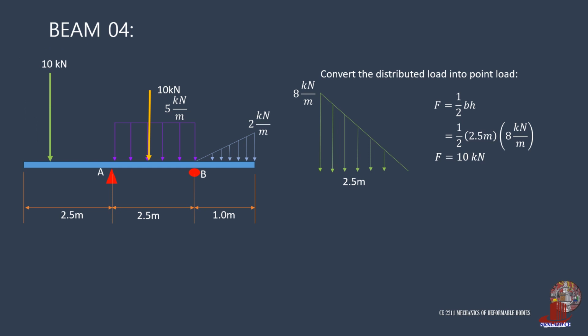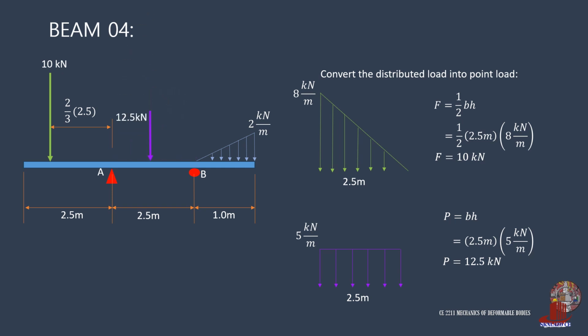This is applied 2/3 of the overhang from the hinge support. The rectangular load at the middle is then converted as load P with magnitude of 2.5 times 5, making 12.5 kilonewtons. And this is applied at the middle of the load, which makes it collinear with the 10 kilonewton concentrated load.